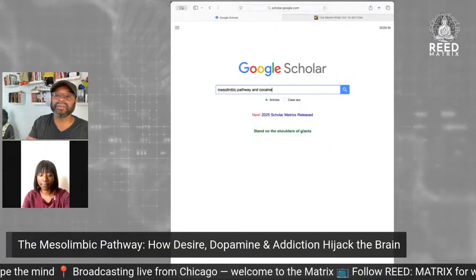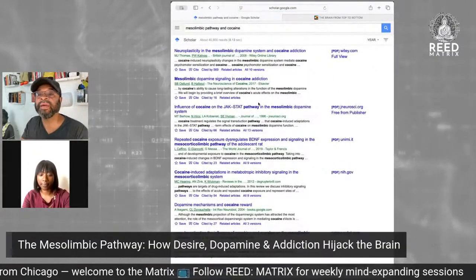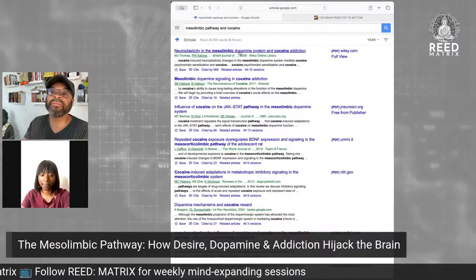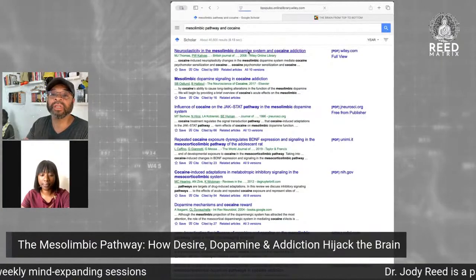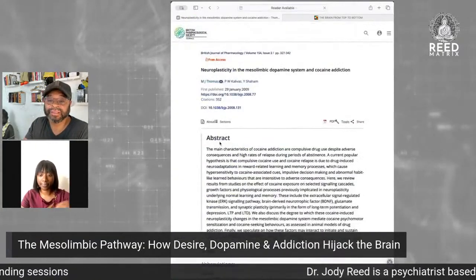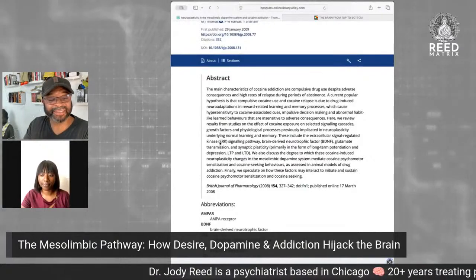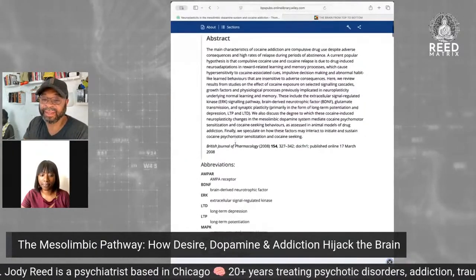Let's look at the impact that cocaine has on this mesolimbic pathway. Neuroplasticity in mesolimbic dopamine system and cocaine. This will be interesting. Just to give you a heads up, cocaine shuts off learning. I think it shuts off the reinforcement or something like that.